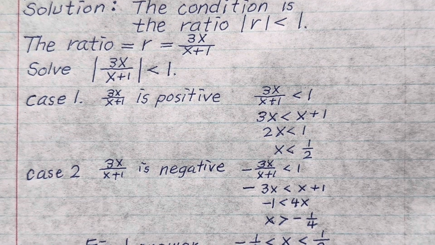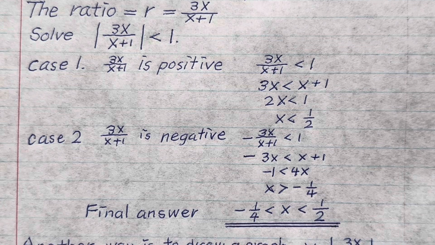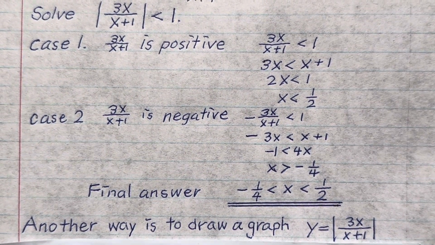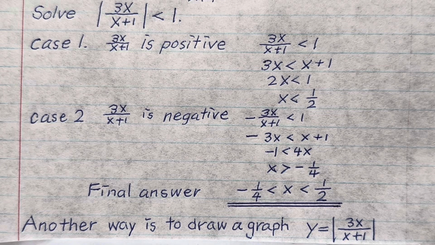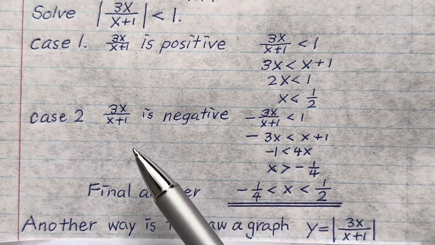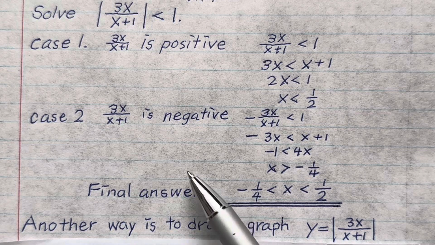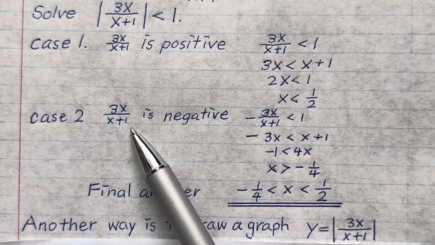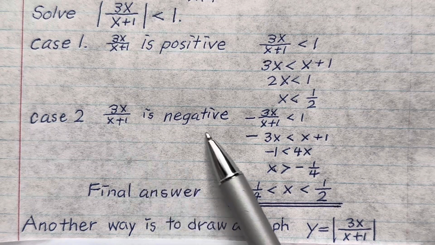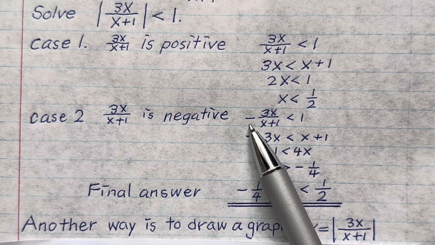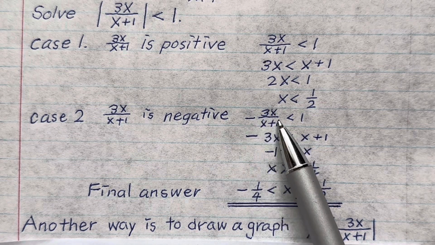The second case is the ratio is negative. But I want the absolute value. If the ratio is negative, I can just add a negative sign and make the negative ratio positive.